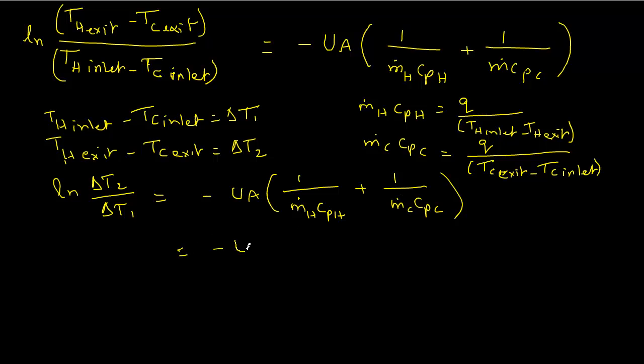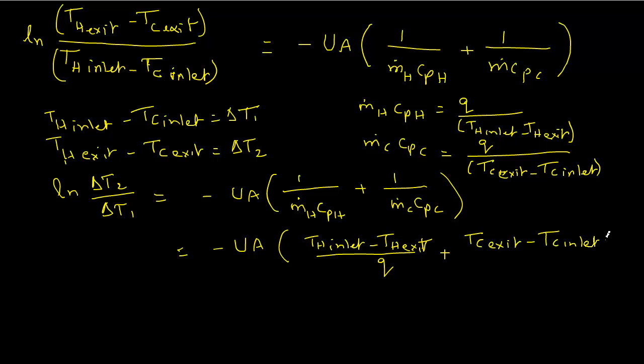So it will be minus UA in parentheses Th inlet minus Th exit, remember they will now go in the numerator, divided by Q, plus Tc exit minus Tc inlet divided by Q. So now we can go ahead and take Q out of the parentheses.